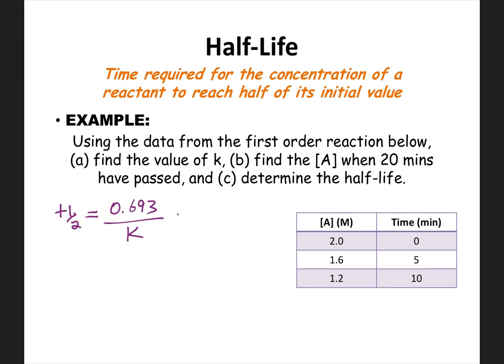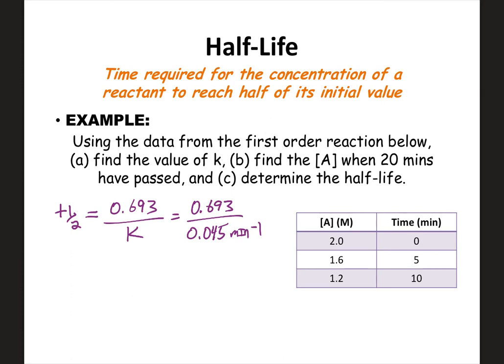So when we plug this in, we get 0.693 all over 0.045 minutes to the -1. Your units here for the half-life are going to be based on k. So if you notice here when you do the math, your units are going to end up coming out to be minutes. So be very careful with that.